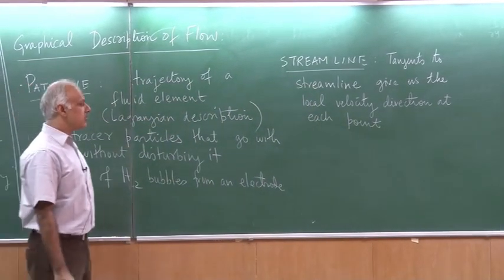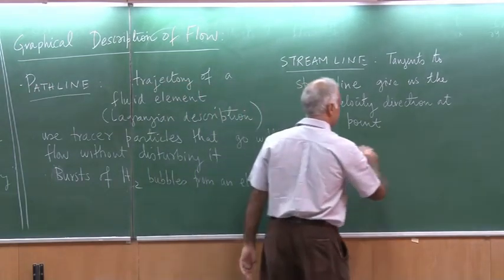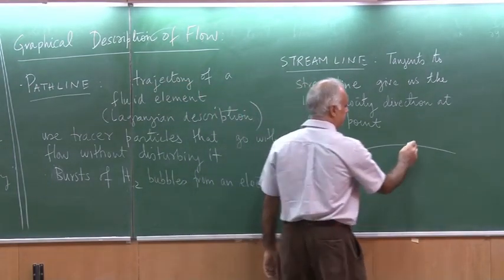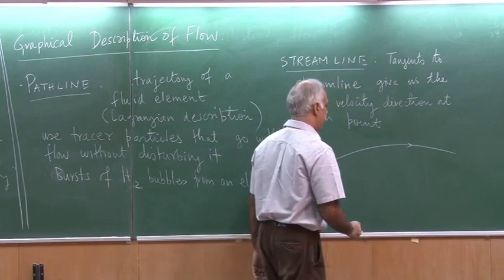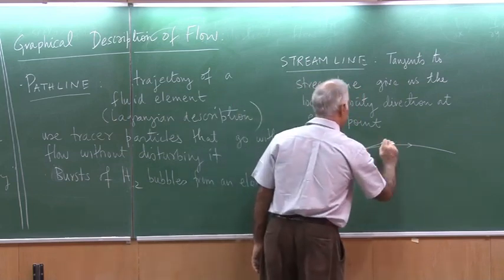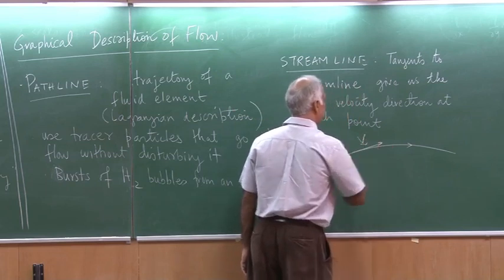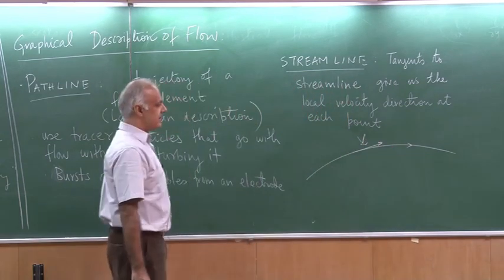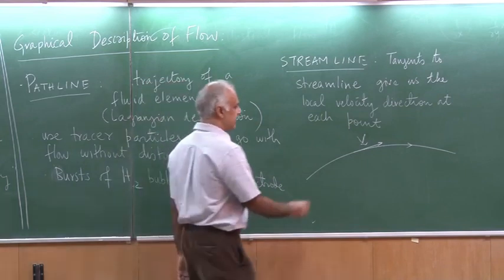Okay, so suppose this is my streamline, and then if I took a point here, then the tangent to this point would be in the direction of the velocity. Okay, so very simple.